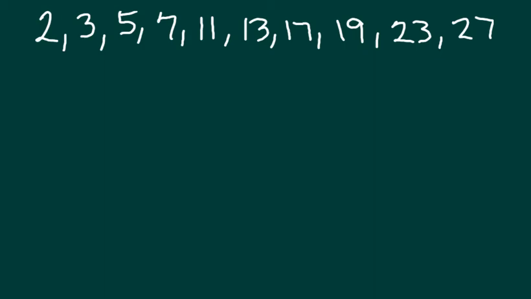So the very first step to do this is to, at the top of your paper, tomorrow when we work homework, we will write this at the top of our paper. List the first several primes. I listed the first 11 primes because you usually don't go higher than this. These are usually the numbers you're going to need.